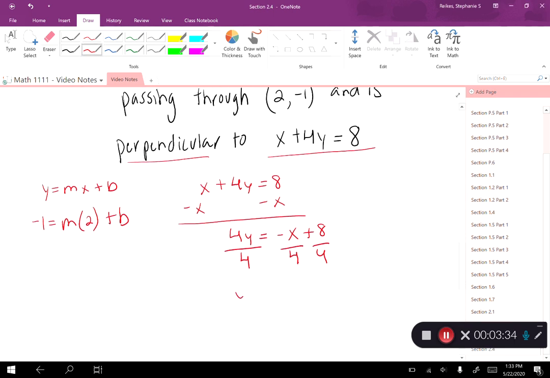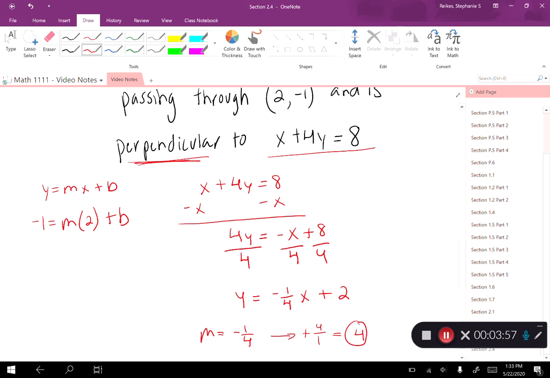I get y = -1/4 x + 2. And so the slope of this equation is -1/4. But I want perpendicular in this problem, so the perpendicular slope is going to be +4/1, which is just 4.